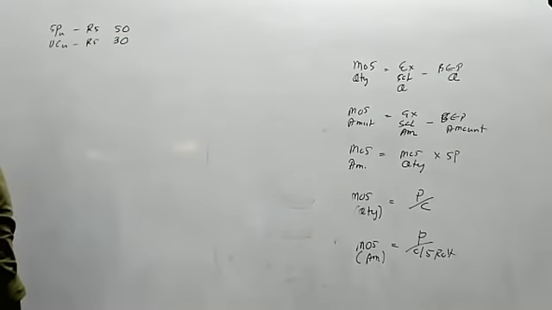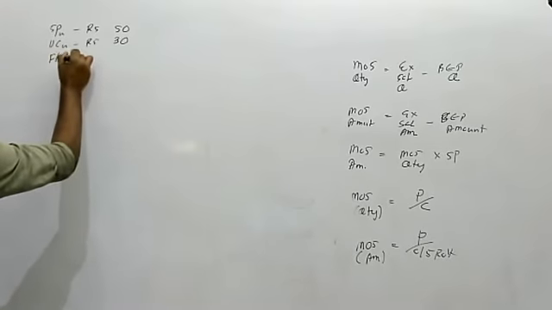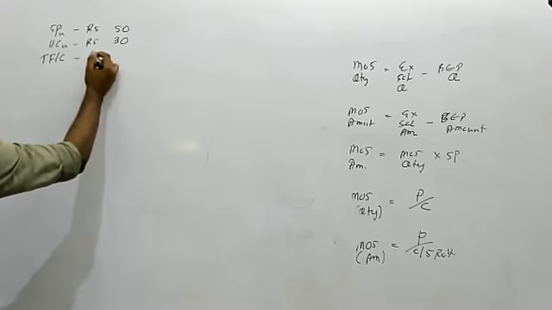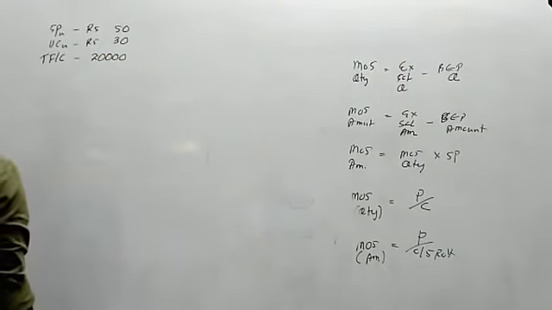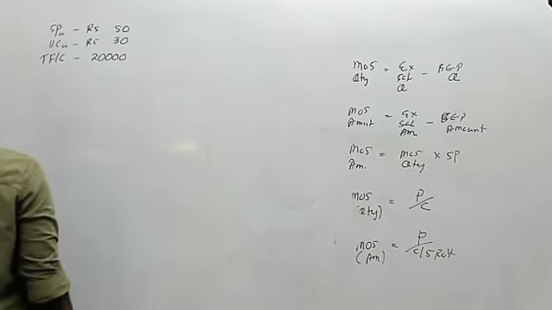Variable cost per unit ₹30. Total fixed cost of the firm ₹20,000.